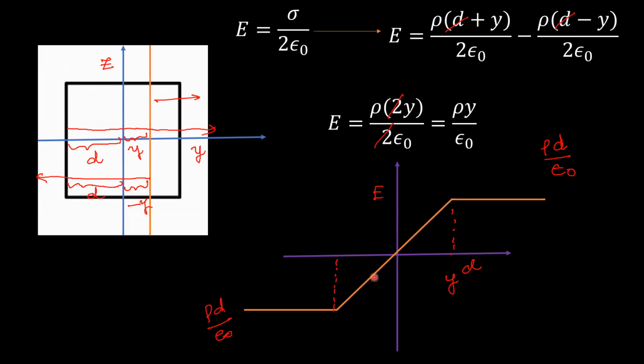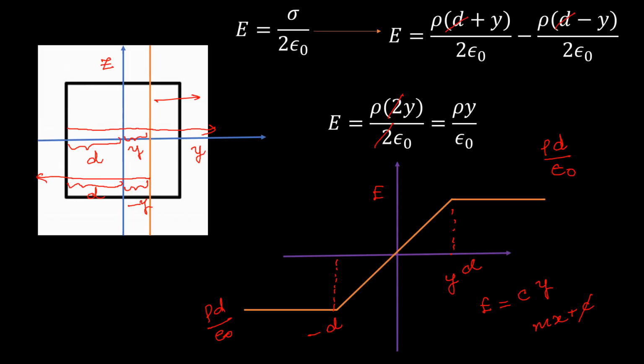Then what will happen between this point, minus d to plus d, so you will get 2d. What will happen in between minus d to plus d? You can see this expression, rho and epsilon naught is a constant, so let it be a constant C times y. E is proportional to y, where we can take this as the mx plus c straight line equation.